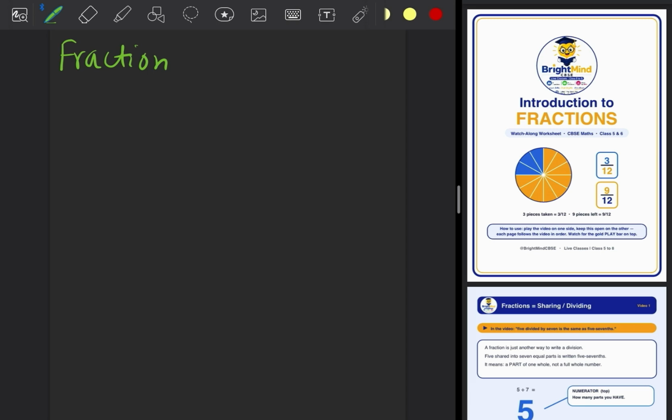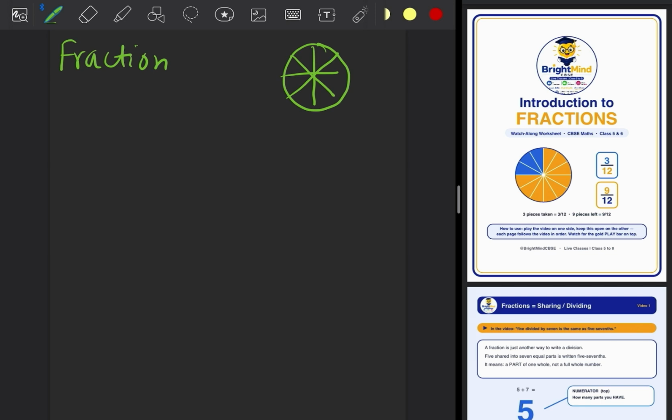Fraction is a very interesting topic and I will teach you in very easy language. So let me introduce you to fractions. Tell me first, have you ever shared a pizza with your family, or eaten fruits and candy, or cut pieces of pizza and candy?